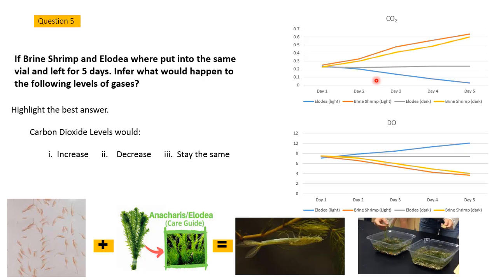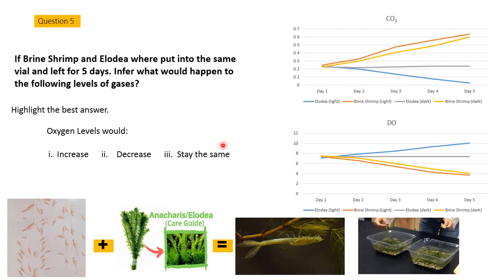But in the daytime, they're going down because the plants can suck in so much carbon dioxide. They way outnumber the amount of carbon dioxide that the animals are putting out. So relatively, it would probably just stay flat. The amount of carbon dioxide put out by the animals would be sucked in by the plants, and it would stay the same.